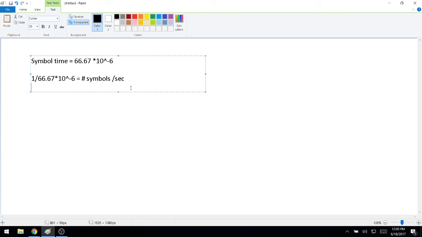By doing this math, we end up with about 15,000. And again, that's with some rounding error, but we'll just round up to 15,000.